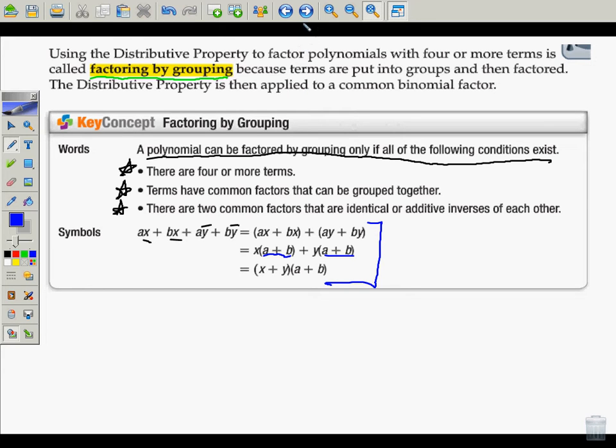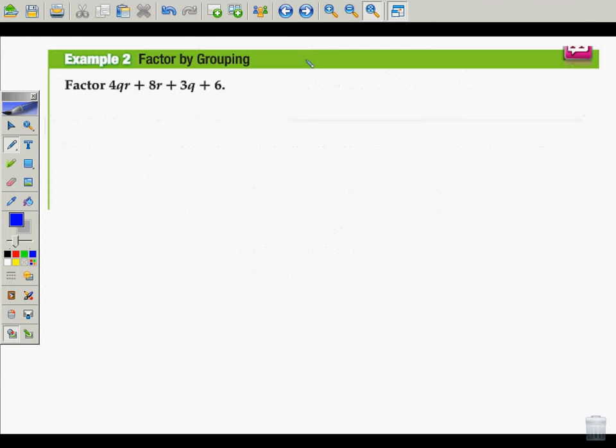So here we go. We've got 4qr plus 8r plus 3q plus 6. Now what makes it hard is that if you look at this, I see an r and an r, so obviously I can group those together. Here I see I have a 3 and a 6, and those have a common factor of 3. So it looks like those could be grouped together.